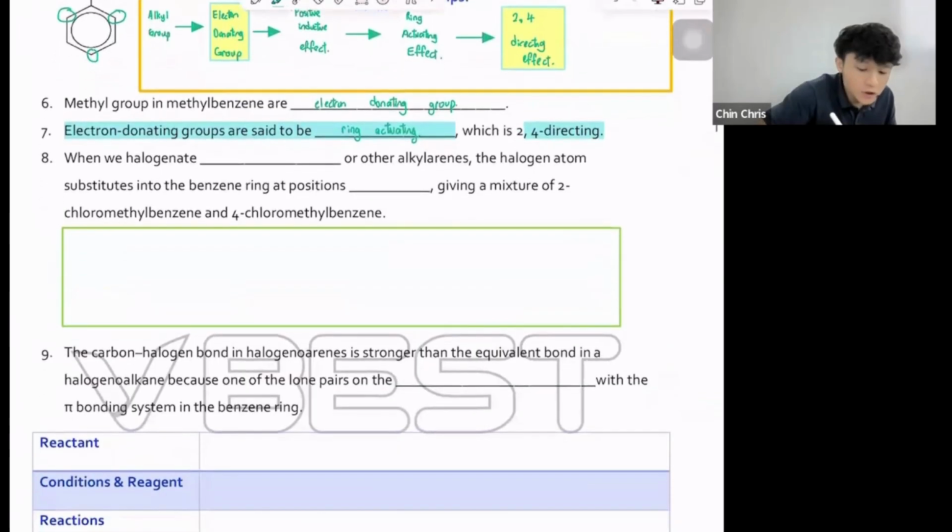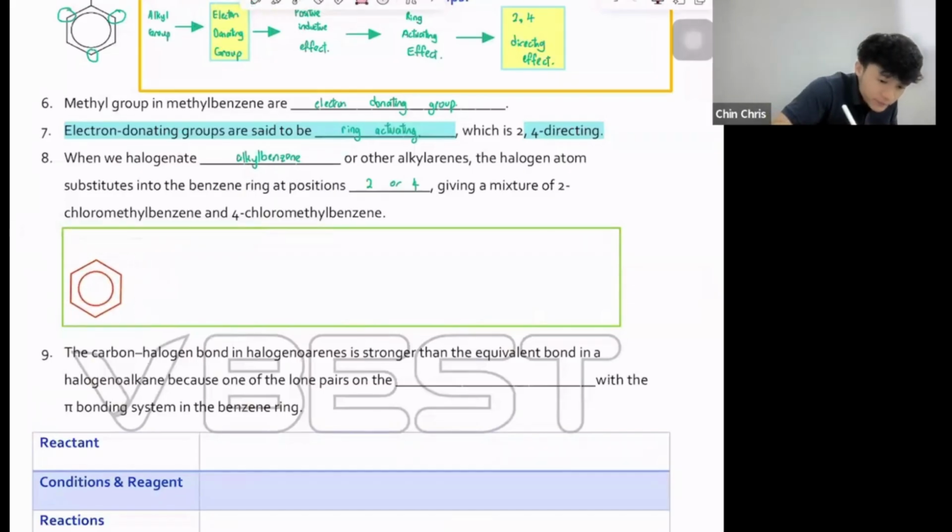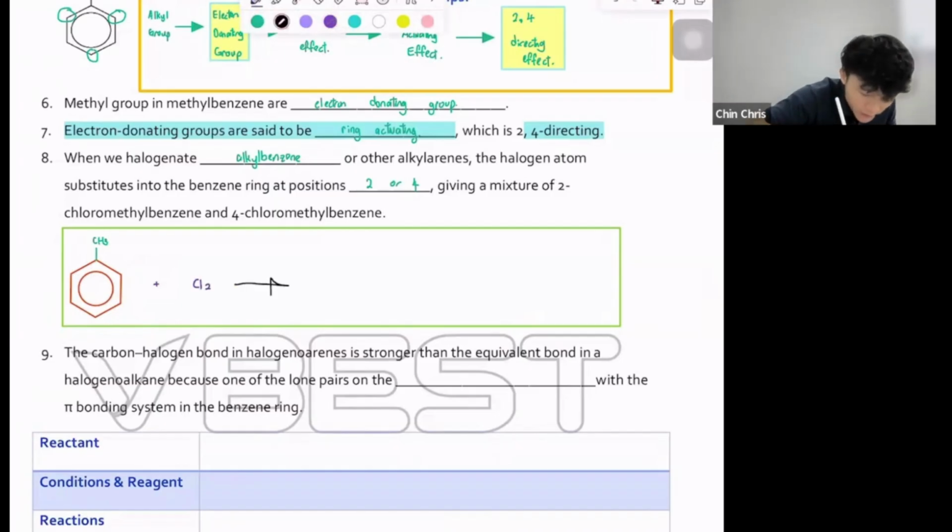So again, if you halogenate any alkyl benzene, the halogen will either go into position 2 or 4, giving a mixture of 2-chloro or 4-chloro methylbenzene. So again, let's say I take this methylbenzene and this time I'm adding it to Cl2 with AlCl3 catalyst.